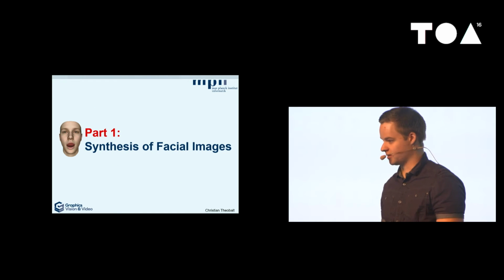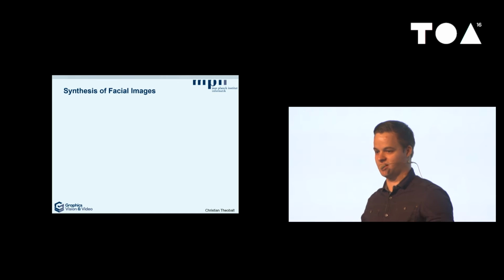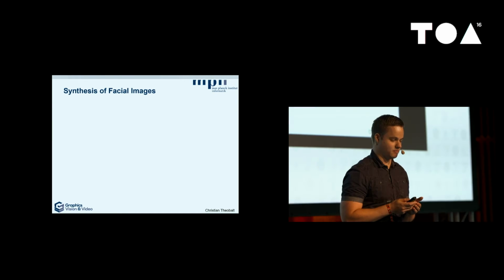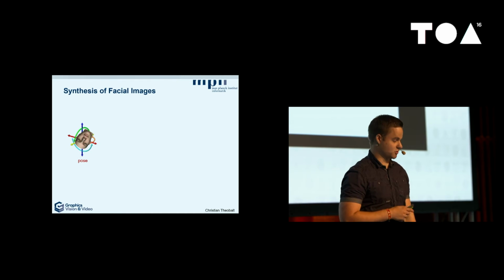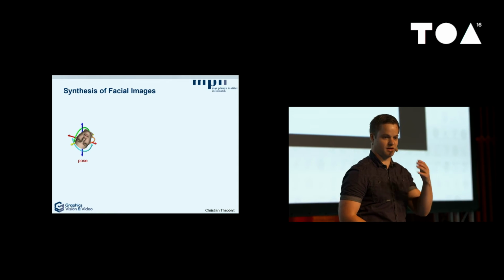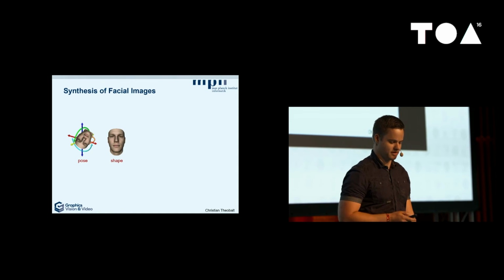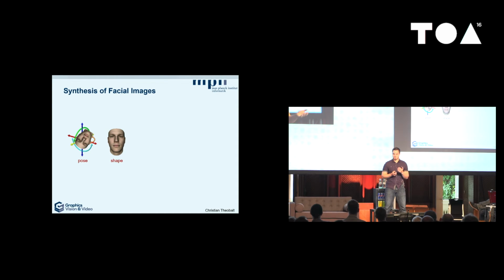Okay, first part. Faces are all around us, but if you think about what influences the appearance of a face in an image, it's for sure the pose of the face. So basically, where in space is it? How is it rotated? But it's also the facial shape. How big is the nose? How big is the head? But also other properties like skin reflectance.